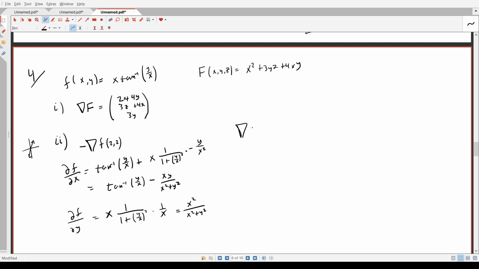The gradient of f at 2, 2. Now remember, I need to take the negative of this when I'm done. So I'm just going to plug in 2, 2 real quick. That's going to be tan inverse of 1 minus 4 over 2 squared plus 2 squared. That's 4 plus 4, that's 8.